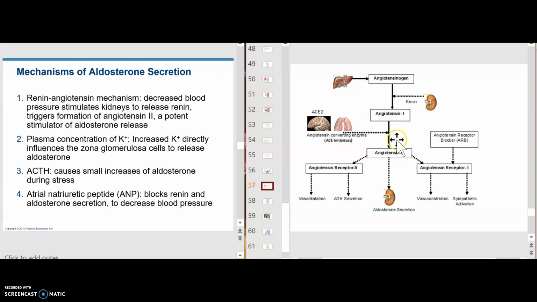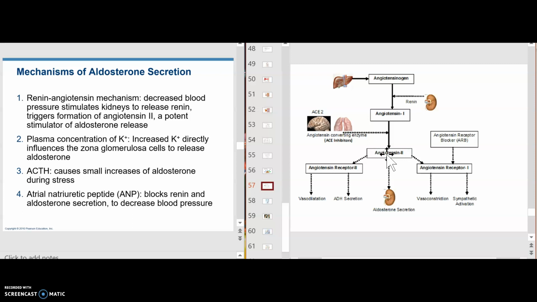Angiotensin 1 is converted to angiotensin 2 by angiotensin converting enzyme. That enzyme is located in endothelial cells of several organs, particularly the lungs, and a little bit in the brain and some other organs. Angiotensin 1 will convert to angiotensin 2.